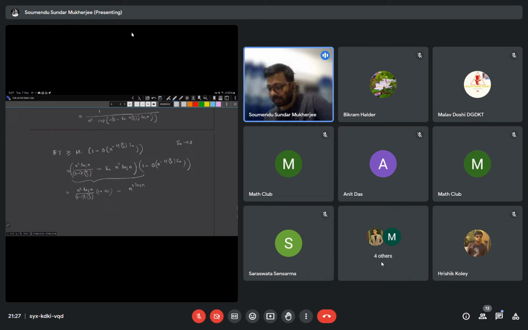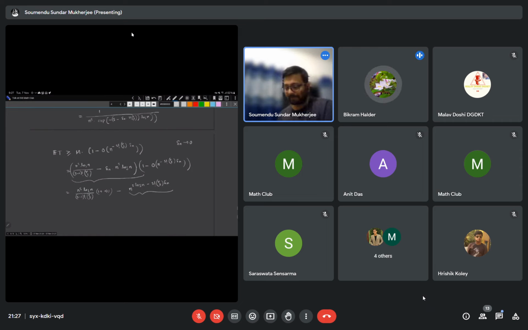So this will get killed by this, right? You have to sort of kill this n to the power s log n using this second factor. This should give you something small, correct?